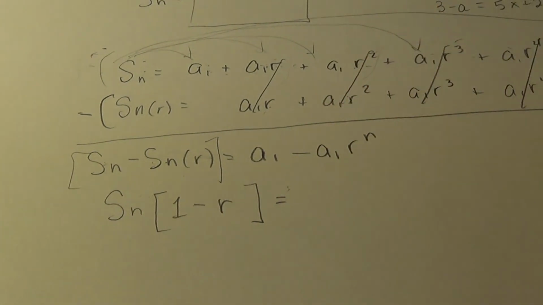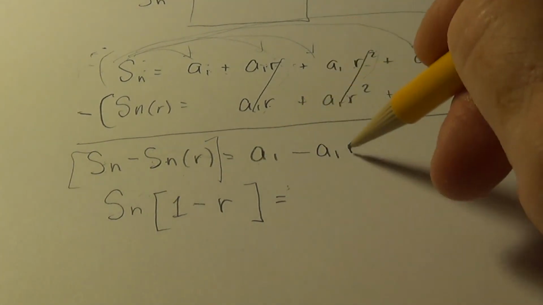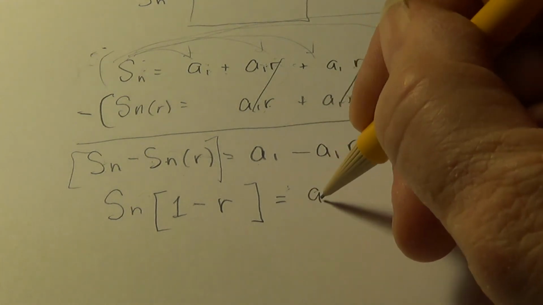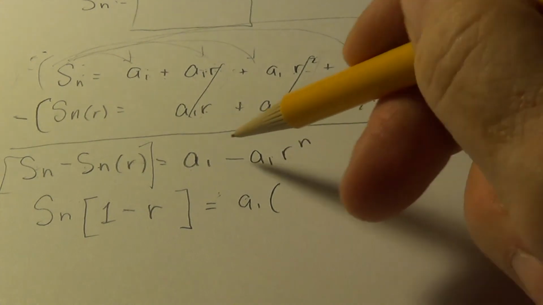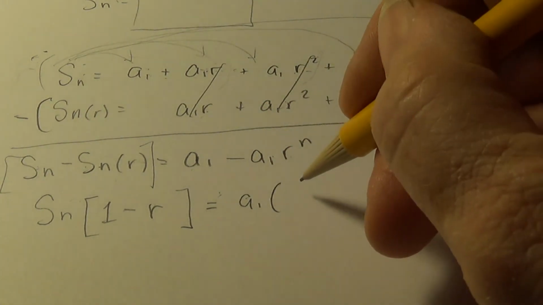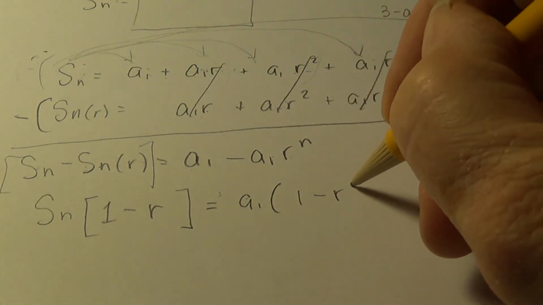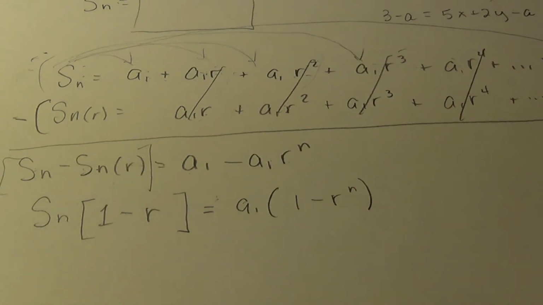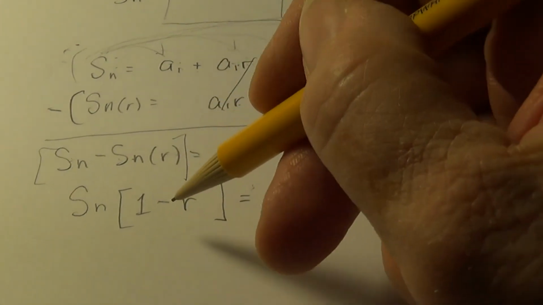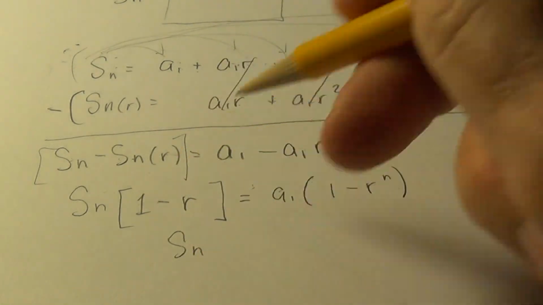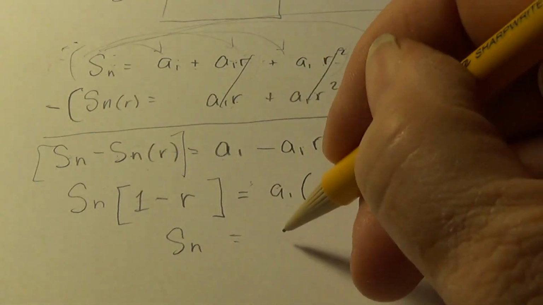And let's see what I can do over here to clean that up a little. We'll factor out a sub 1. We don't have to do that, but it will make it look nice and be easier to use. So I factor out a sub 1. I get that, and now I want s sub n, so I'm going to divide both sides by that.